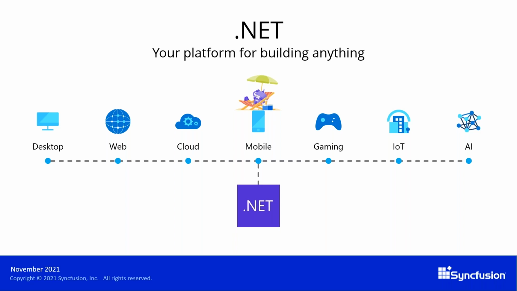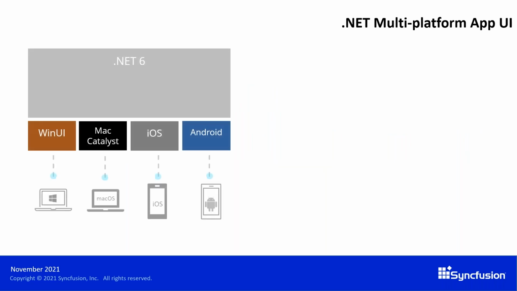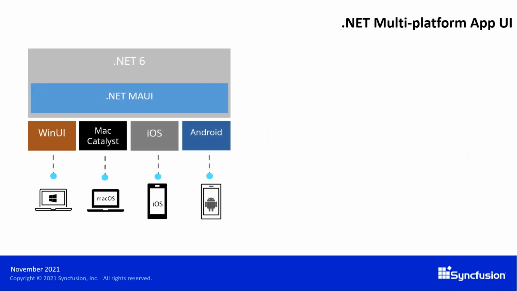This funny image here reminds me of a nice island, but MAUI is just .NET Multi-platform UI. It's a framework for us developers who want to write cross-platform apps using XAML and C# from a single shared code base in Visual Studio.